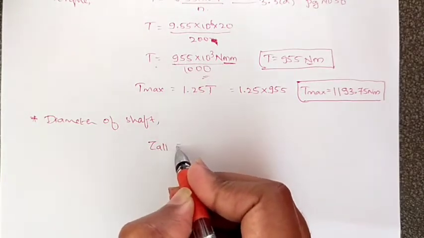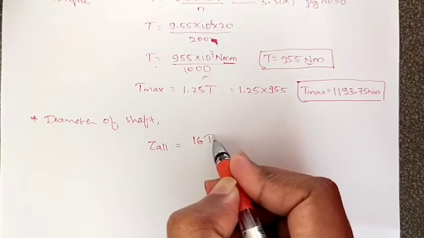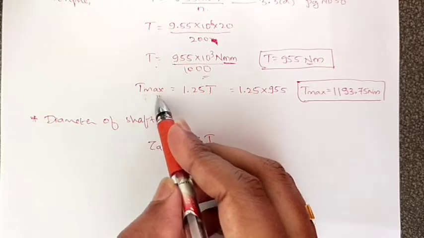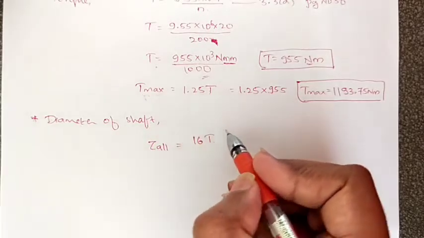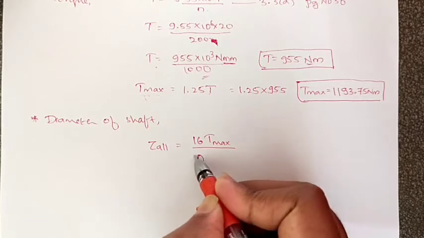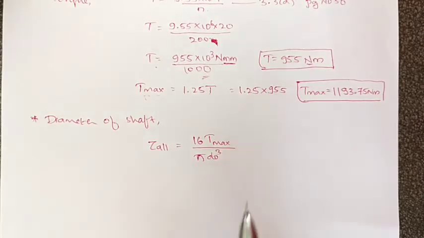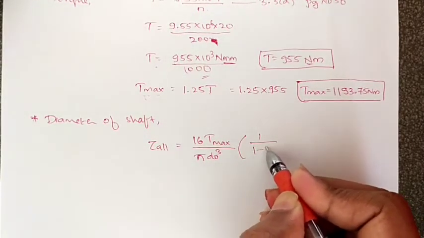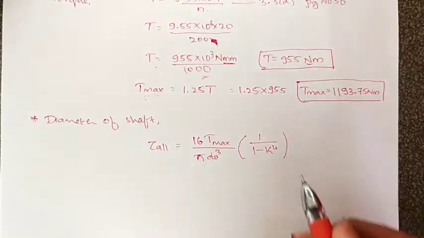Tau allowable is equal to 16T, when it is T directly, when maximum is not given. If maximum is given, you should take T max divided by pi d naught cube. Why d naught cube? Because it is a hollow shaft, into 1 divided by 1 minus K raised to 4.